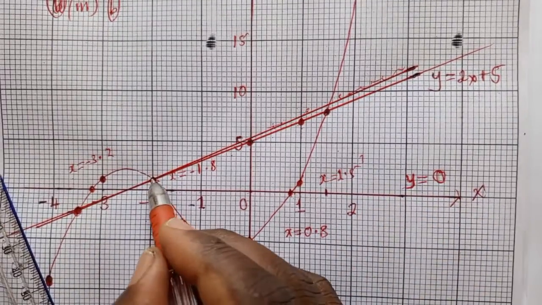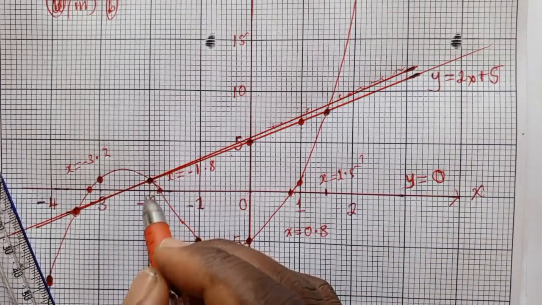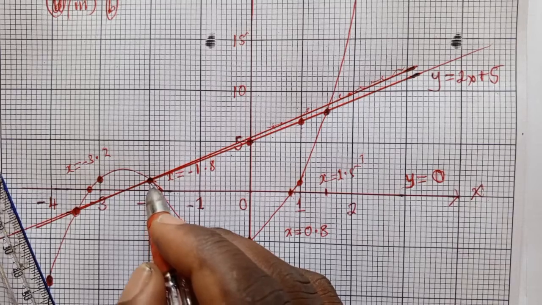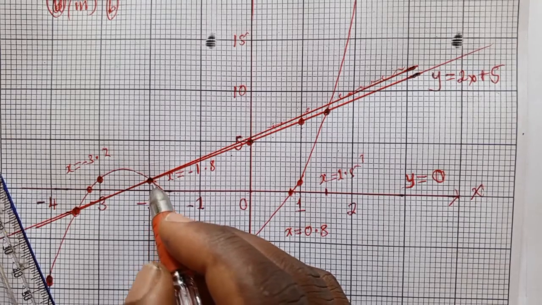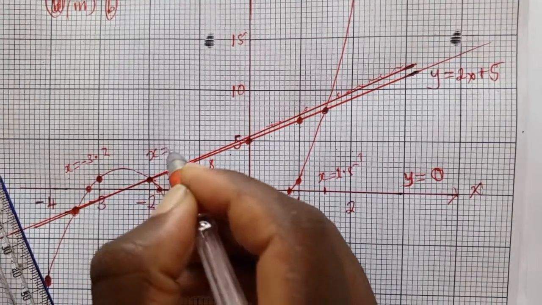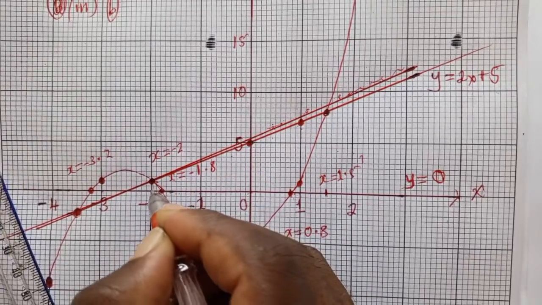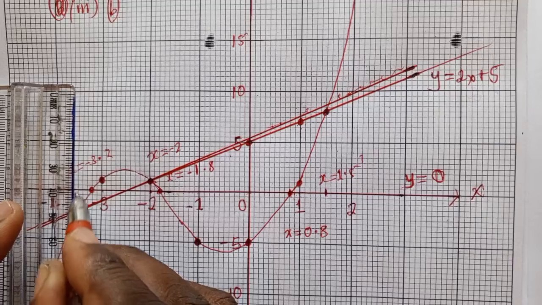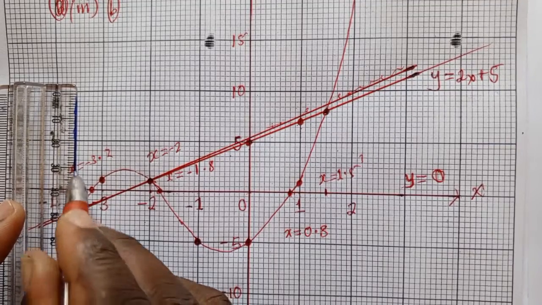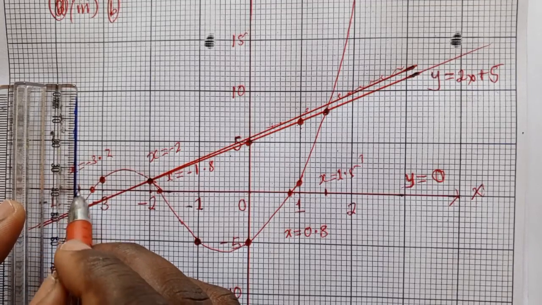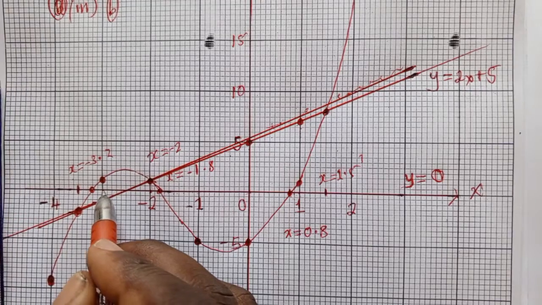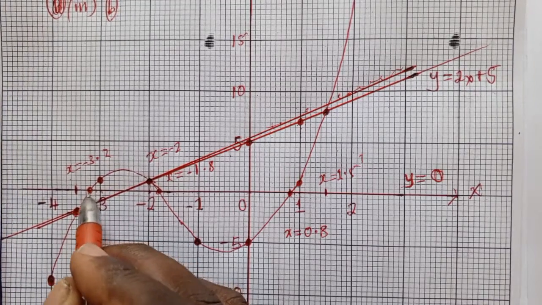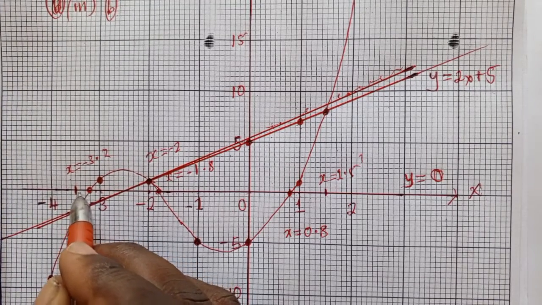I come to this one. When I look at this, what will be my x-axis here? My x is equal to negative 2 here, down here. When I come here, I follow along to the x-axis here. This is negative 3.1, 0.2, 0.3, 0.4, 0.5.